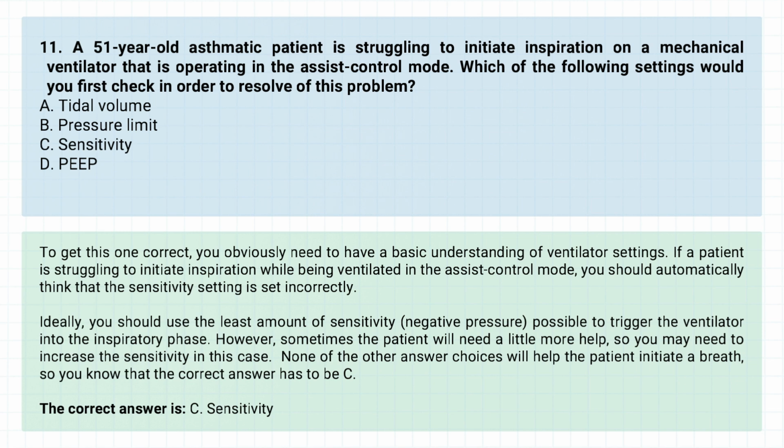Ideally, you should use the least amount of sensitivity or negative pressure possible to trigger the ventilator into the inspiratory phase. However, sometimes the patient will need a little more help, so you may need to increase the sensitivity in this case. None of the other answer choices will help the patient initiate a breath, so you know that the correct answer has to be C. Sensitivity.